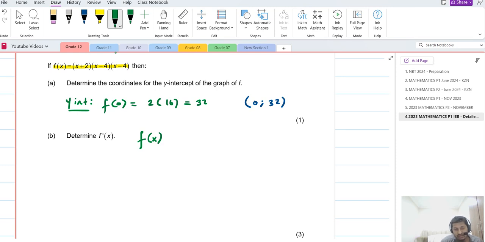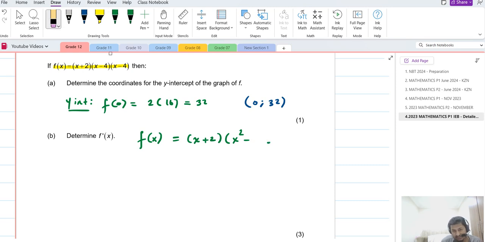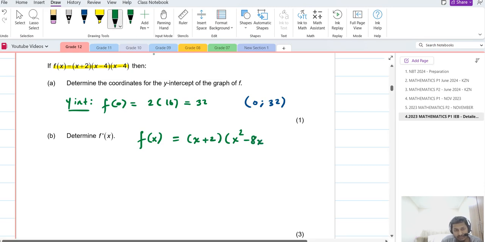Right, so we have x plus 2 times, remember, if we open these two up, we're going to get x squared. This is like squaring a binomial, alright? So x squared minus 4x minus 4x is minus 8x, plus 16. Remember, I'm opening this up. Then I'm going to distribute the x inside.